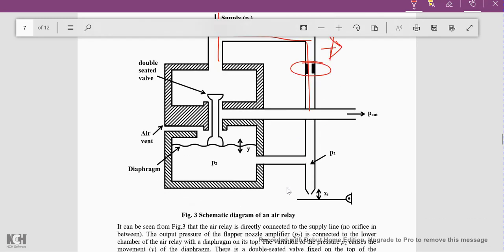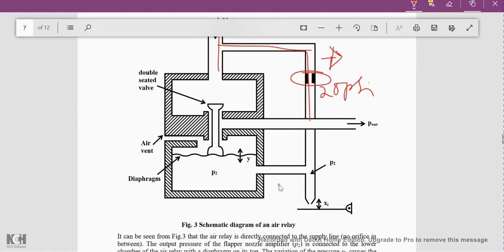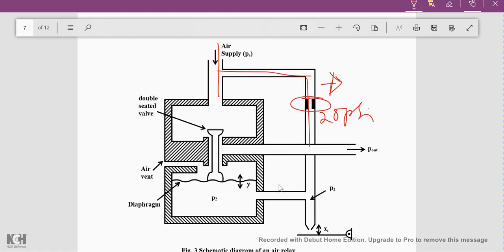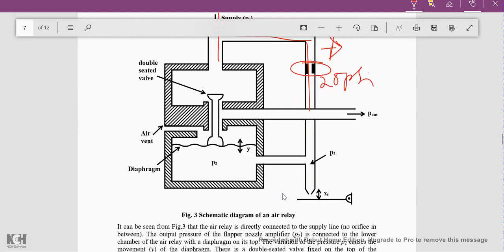Whatever air pressure is available, we are considering it at say 20 psi or so. In this case we may consider it more than 20 psi because we are talking about high pressure applications now. So this air supply pressure will be directly connected to this line, and here that will be controlling this particular diaphragm.